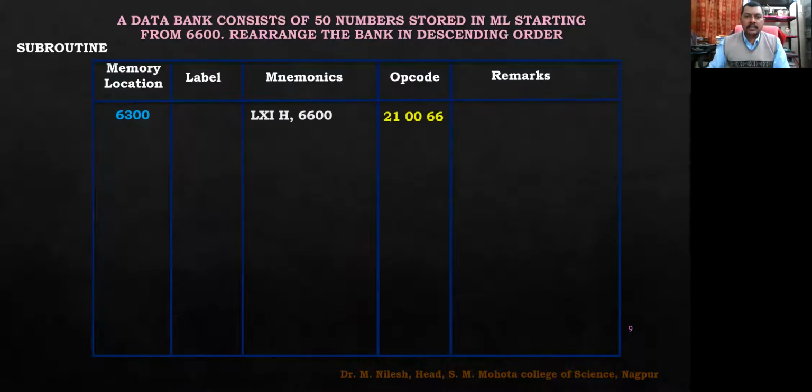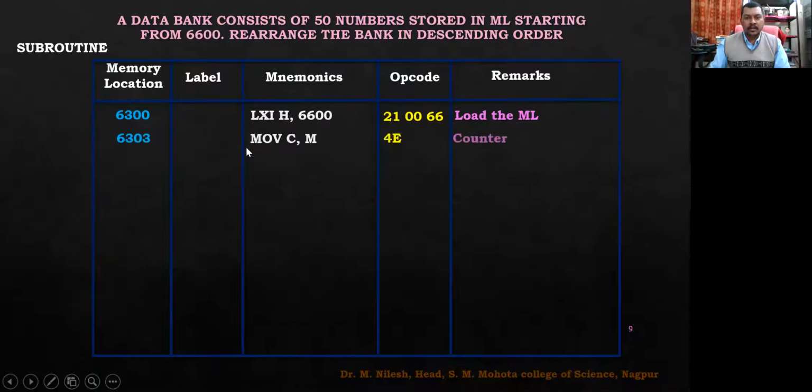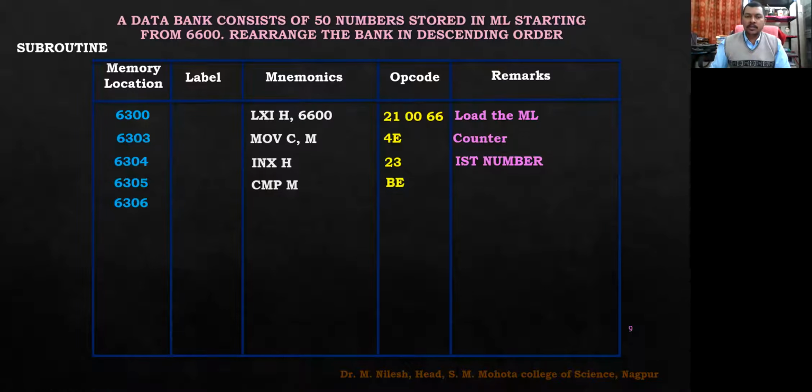So we are putting LXI H 6600, 21 00 66, load memory location, then 6300 03, move M to C. Again we have moved the counter over there. Then 6304, increment H, the first number, then check, compare M, check the largest number over there.